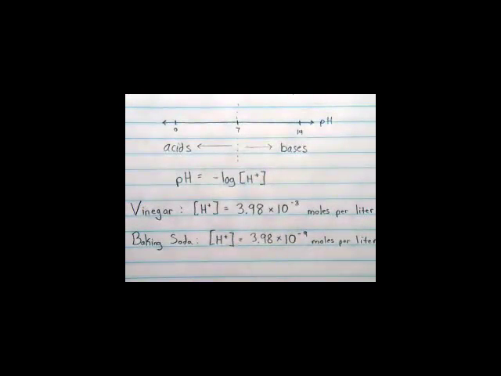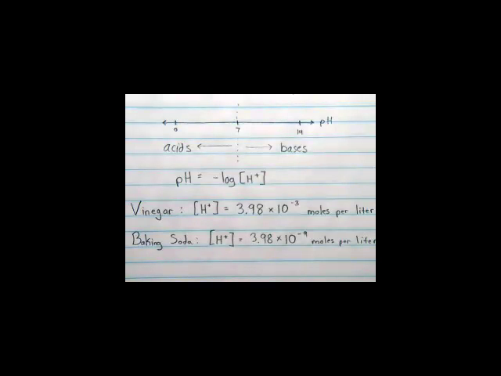Okay, so if something is acidic like vinegar compared to something that is very basic like baking soda, the hydrogen ion concentration, is it larger or smaller? It's actually larger. Okay, we have to know our scientific notation a little bit to figure this out.